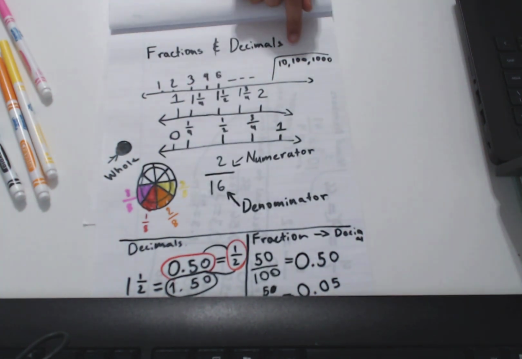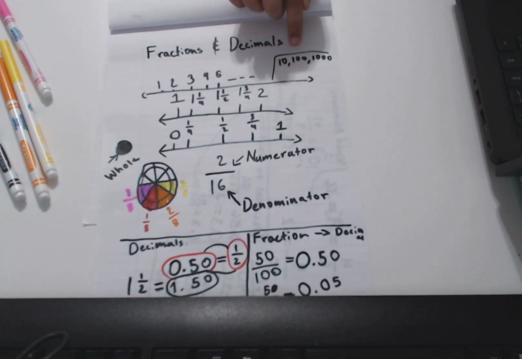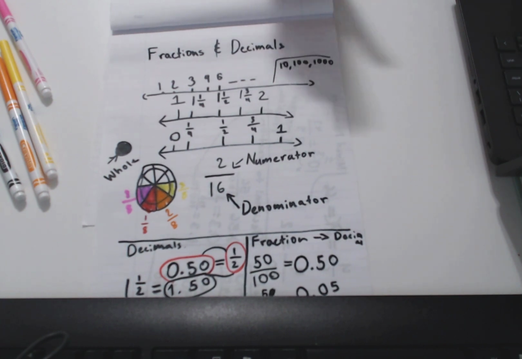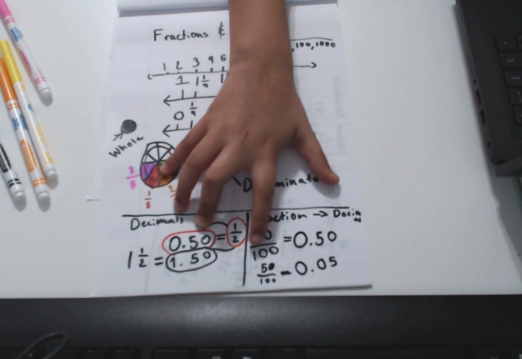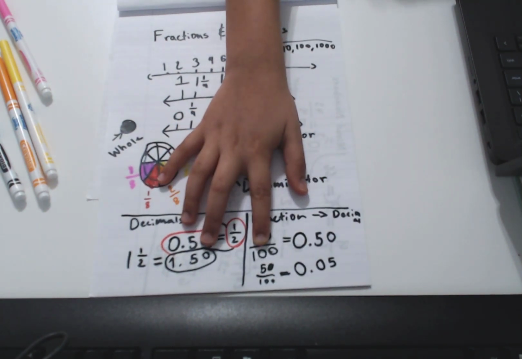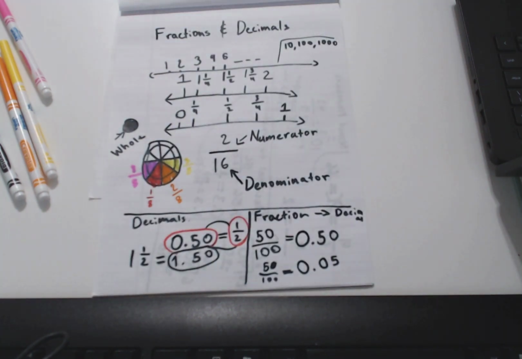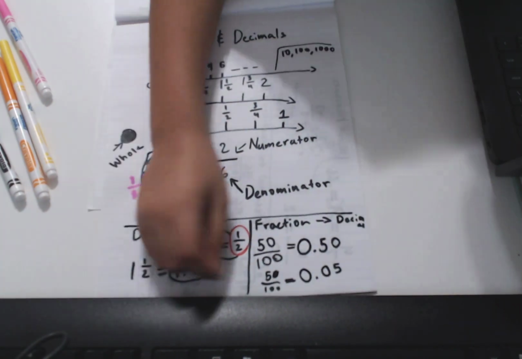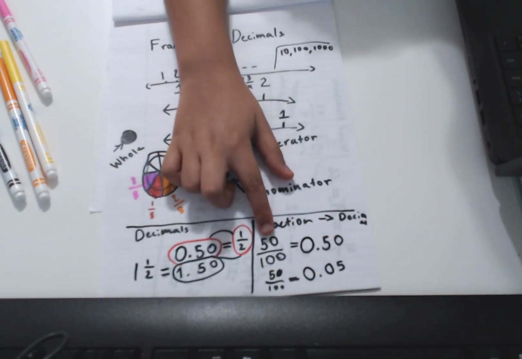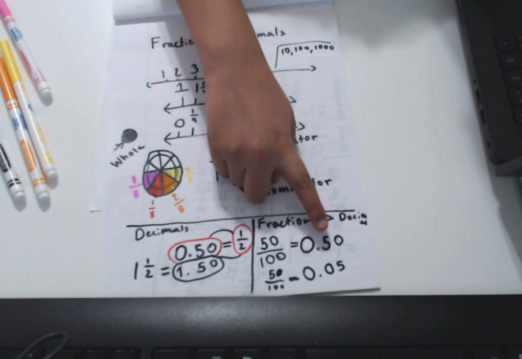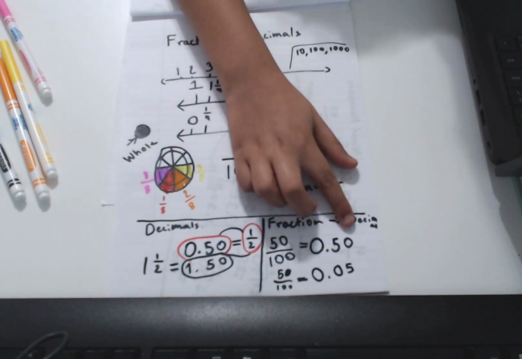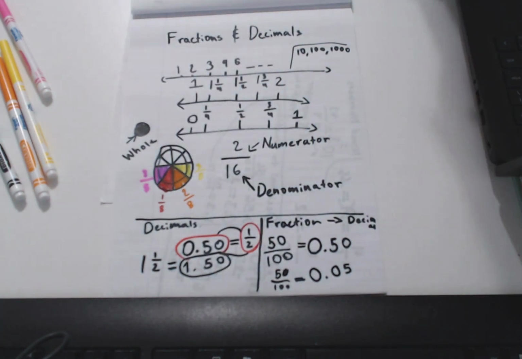See, look, up here, 100, 1,000, and so on, are base 10 numbers. 50 over 100. 100 is a base 10 number, meaning it's really easy to convert them into a decimal. So basically, you're now going to put 0.50. That's also equal to 1/2.